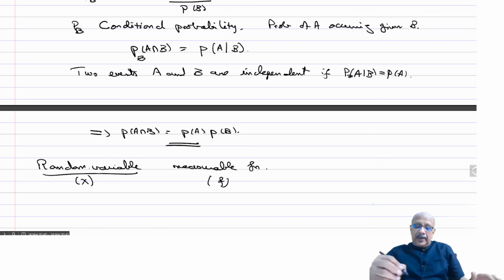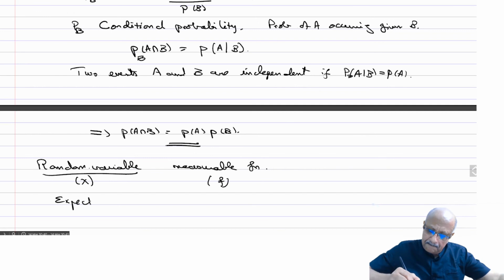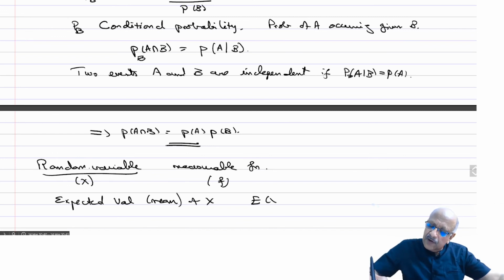So X is a random variable defined on the set Omega, that is the sample space. The expected value or mean of X is E of X equal to the integral of X dP.